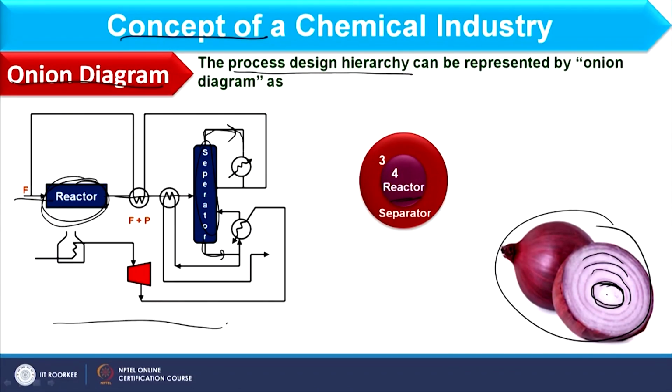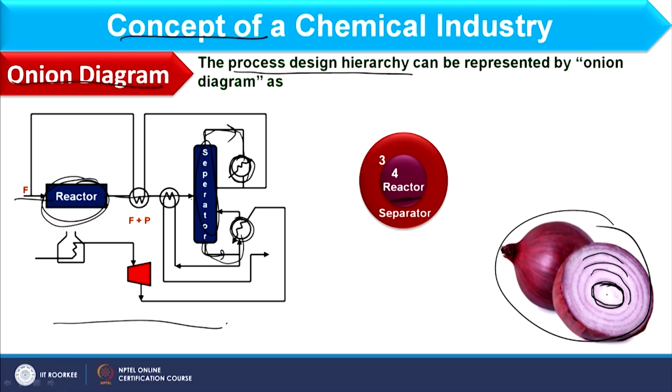Further, if we focus on this PFD, whatever products are formed may need some cooling as well as heating. When feed enters the reactor, product exits the reactor and then enters the separator.